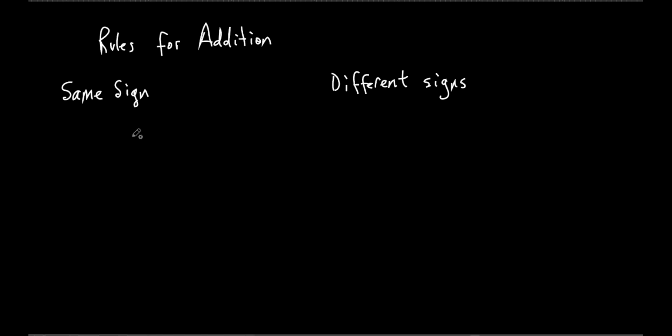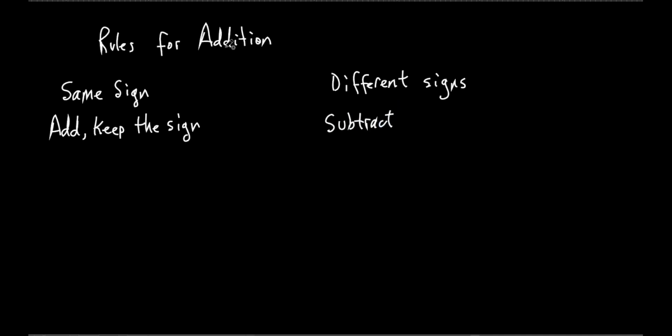All right, so let's do a couple examples. The same sign is you add the numbers together and you keep the sign. That's the basic rule. We'll do a couple examples. Different signs, what do you think? Do you add the two numbers? If I'm adding a positive and a negative, I actually subtract the two numbers from each other.